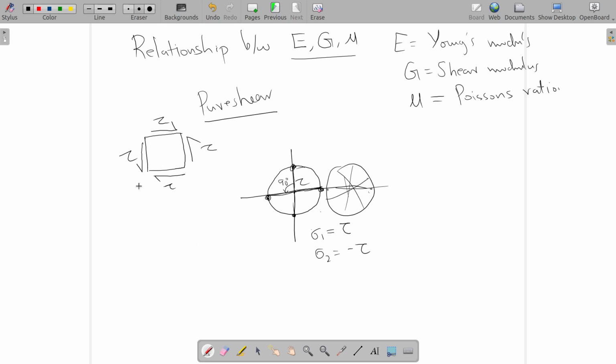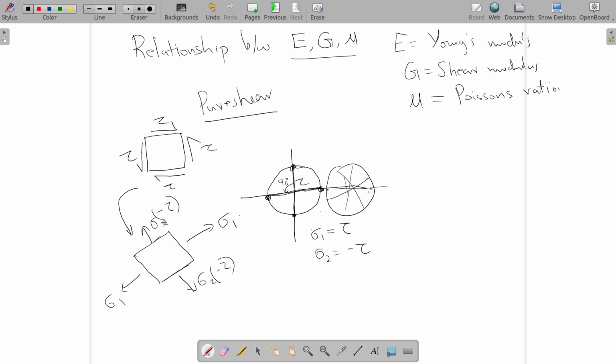So if you rotate the coordinate system and bring it to such a case, here you will have sigma 1 which is equal to tau, and sigma 2 which is equal to minus tau, right?